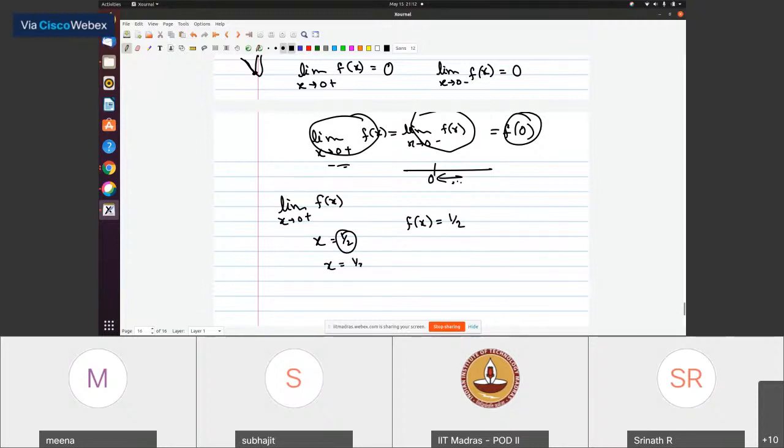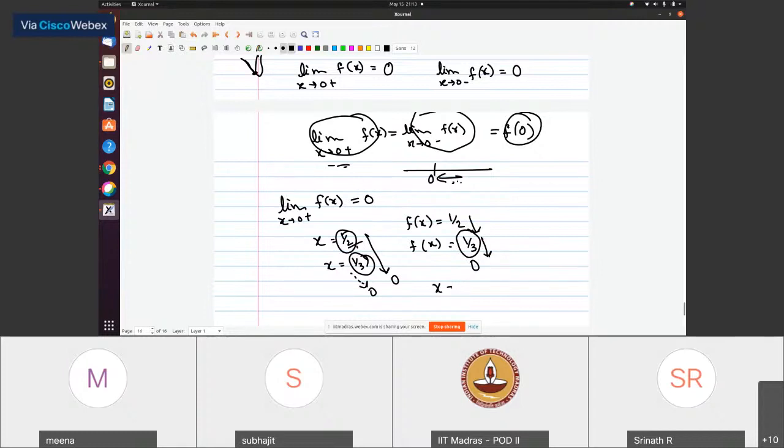When x is 1 by 3, what is the value of f(x)? 1 by 3, right? So when we are approaching 0 like this, 1 by 3 is closer to 0 than half. So as we approach 0 from the positive side, the value of the function also approaches 0 from the positive side. That's why this limit is 0.